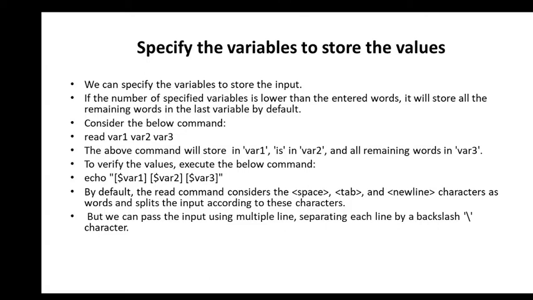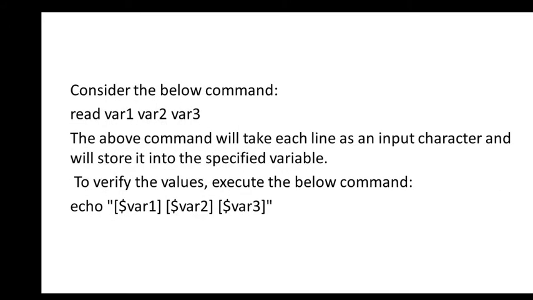By default, the read command considers the space, tab and newline characters as word separators and splits the input according to these characters. But we can pass the input using multiple lines, separating each line by a backslash character.